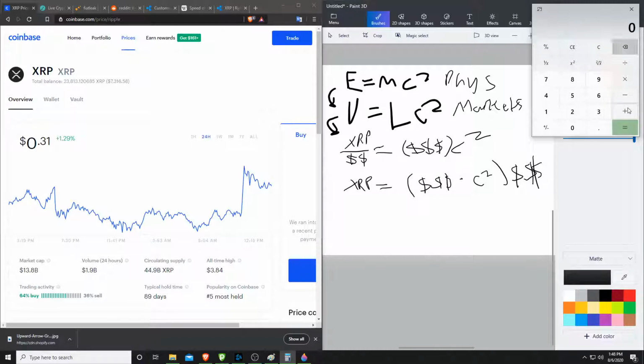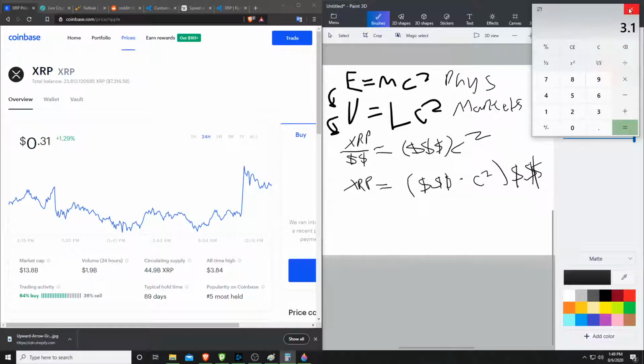I'm just now getting used to using this thing. Okay, so 10 times 0.31 is equal to 3.1. So if you had $10 in XRP, you would have 3.1 XRP, right?